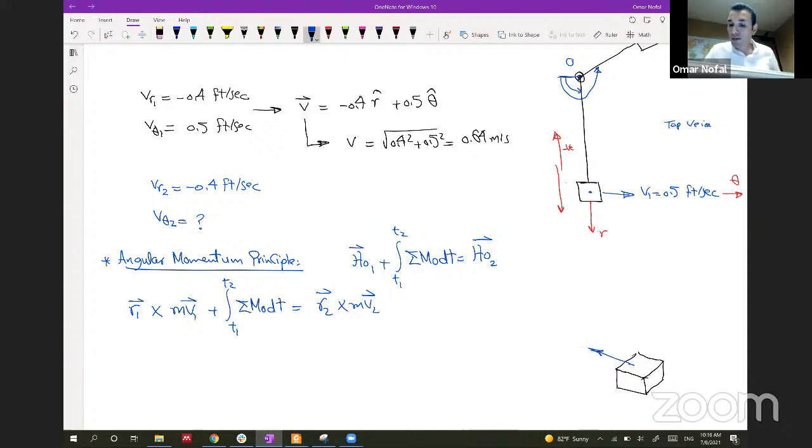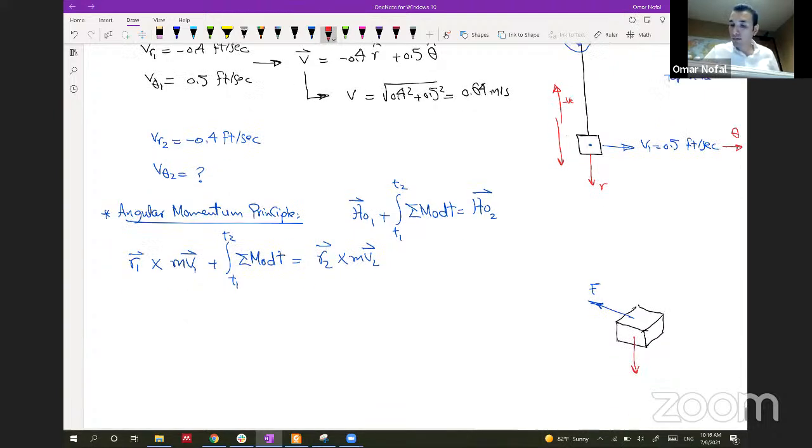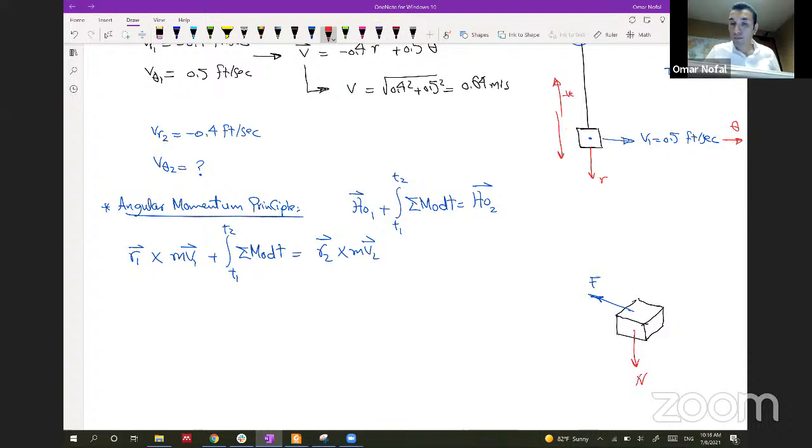Let's assume it's force F, and you have a weight going down. If this system is resting on a table or something, the weight will be going like this, and the normal force will be going up like that.